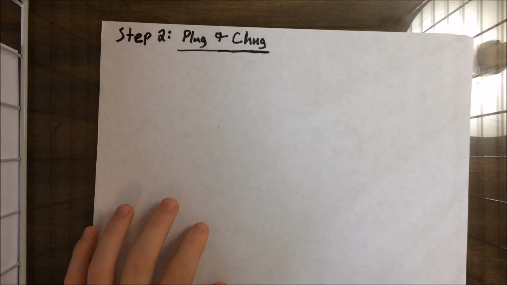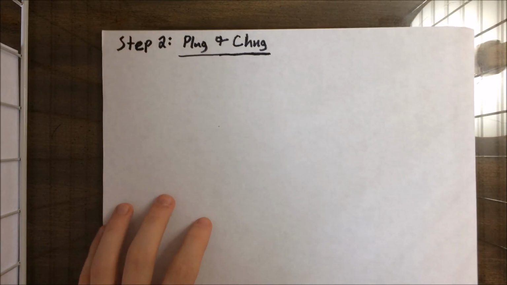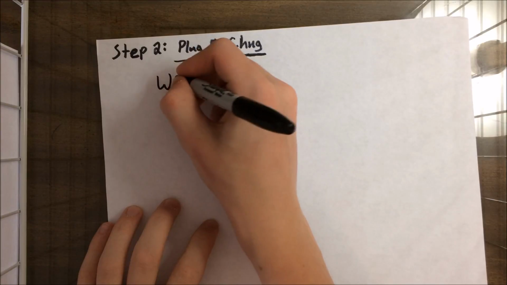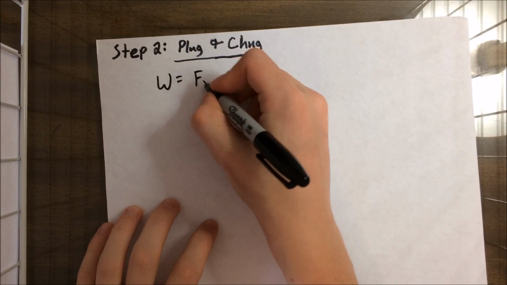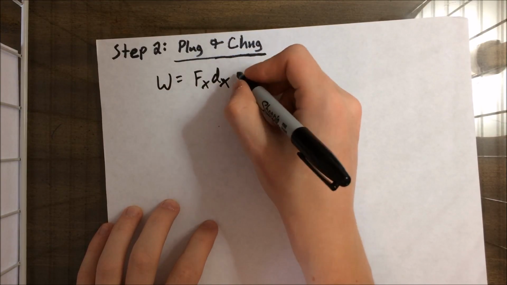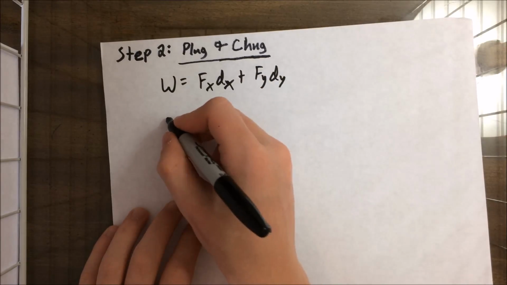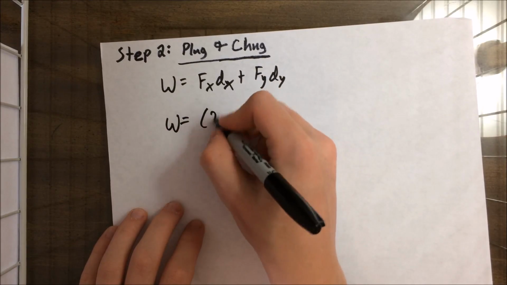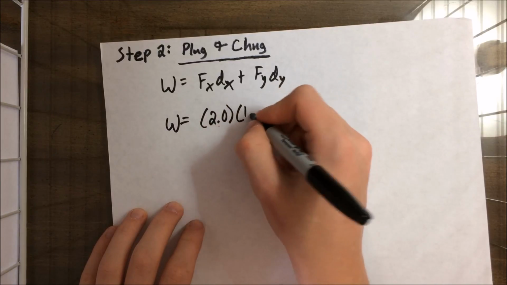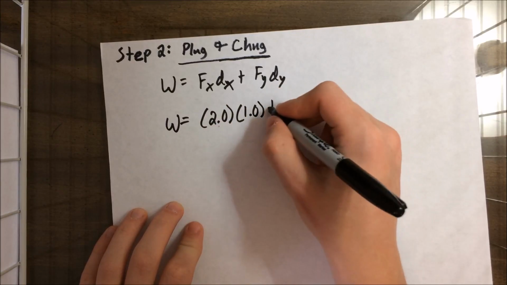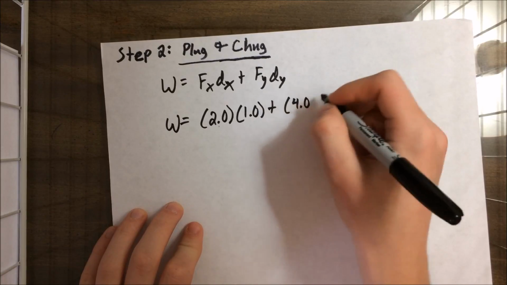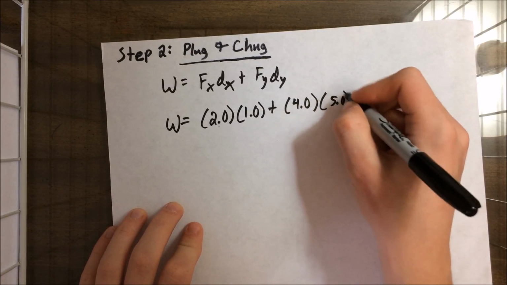Alright, so step 2 is to plug and chug. So work is equal to Fx dx plus Fy dy. So work is equal to 2.0 times 1.0 plus 4.0 times 5.0.